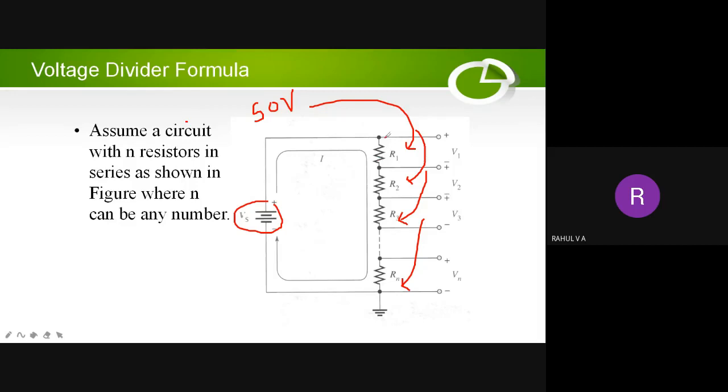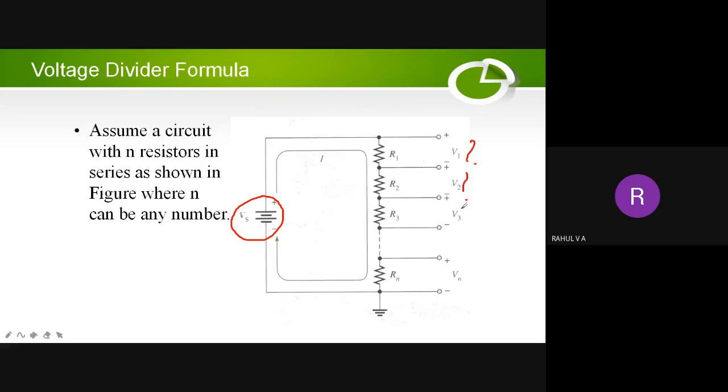So there are a lot of resistors connected in series. For example, if I apply a voltage of Vs, we have to find out what will be the voltage across R1, what will be the voltage across R2, and we have to derive a formula for that. That is nothing but your voltage divider formula.